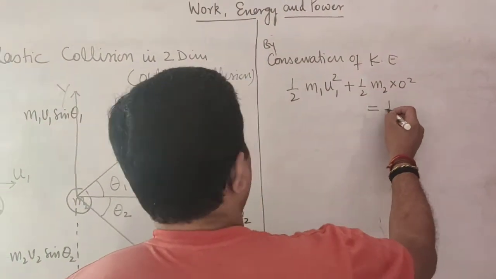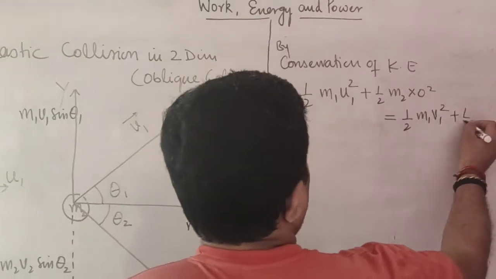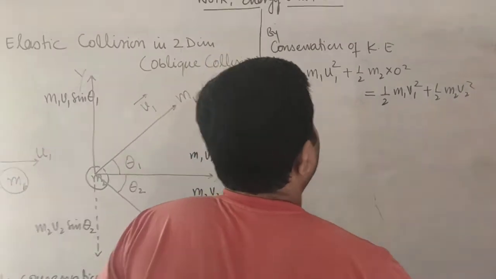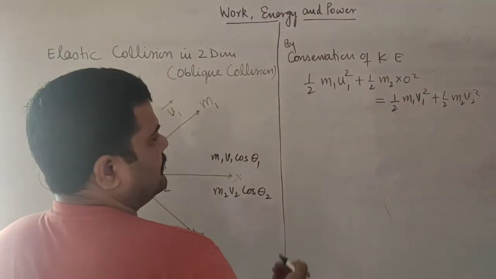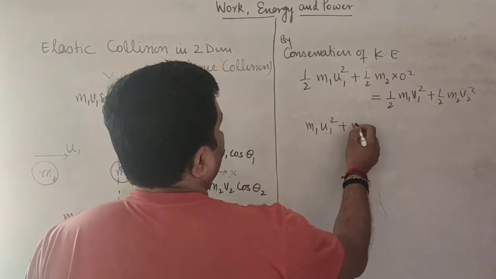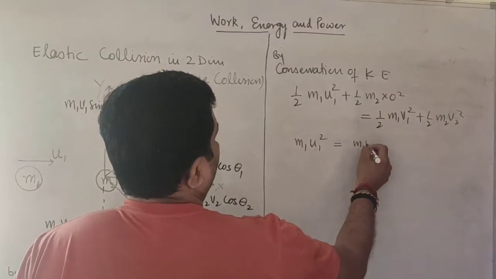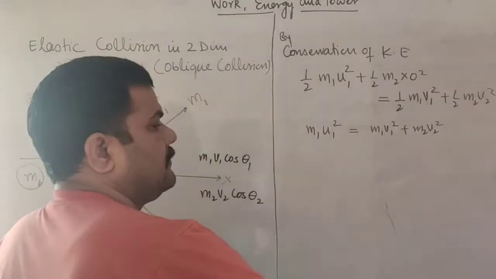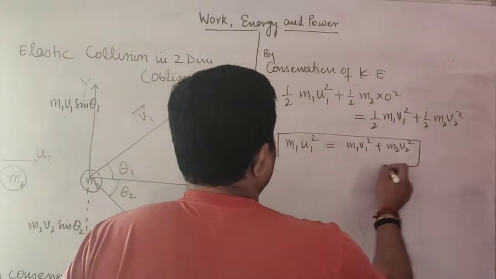It is equal to half m1 v1 square plus half m2 v2 square. Now half will be gone because half is common. So what is left with you? m1 u1 square is equal to m1 v1 square plus m2 v2 square. So this is your third equation.